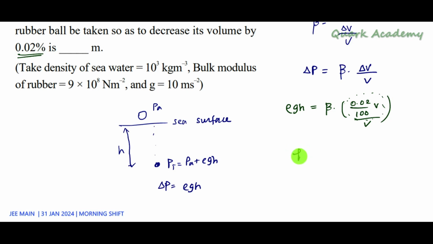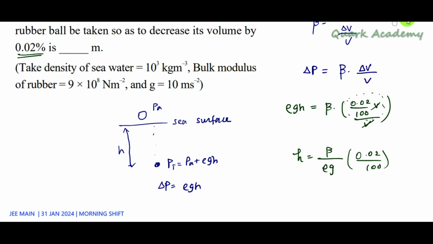We want H. So H is equal to beta rho G. Here we can cancel out this V and V. We get 0.02 by 100.